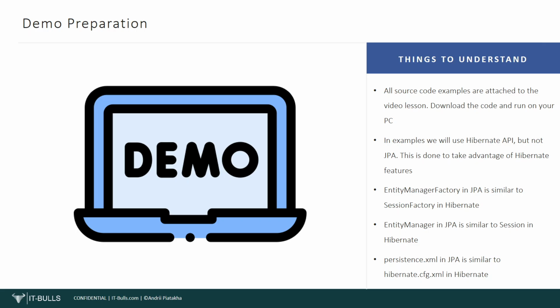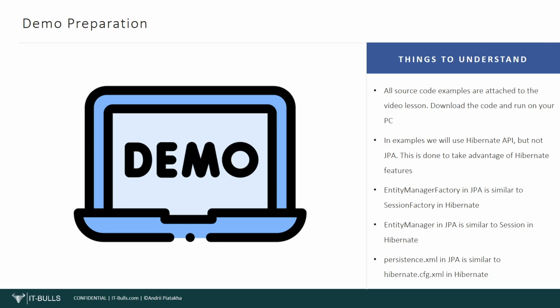Taking into account there is some specifics with implementation of the second level cache, I created a separate project for this example, because you need to be very attentive with the selection of Hibernate version and cache provider. Taking into account we have a lot of examples in our JPA project, I created a separate project for second level and query level cache examples.